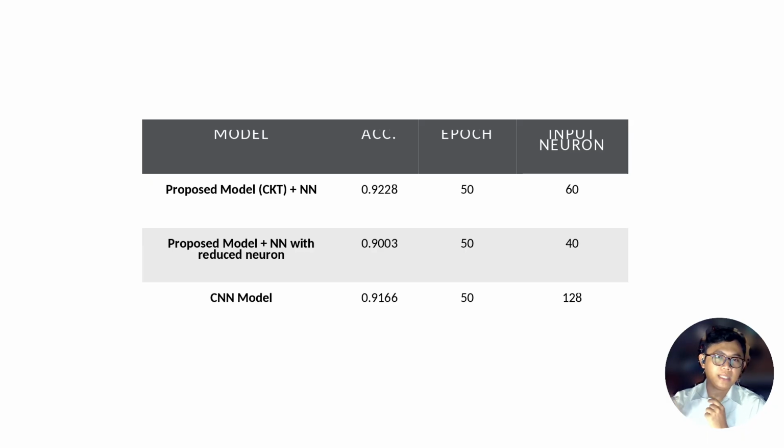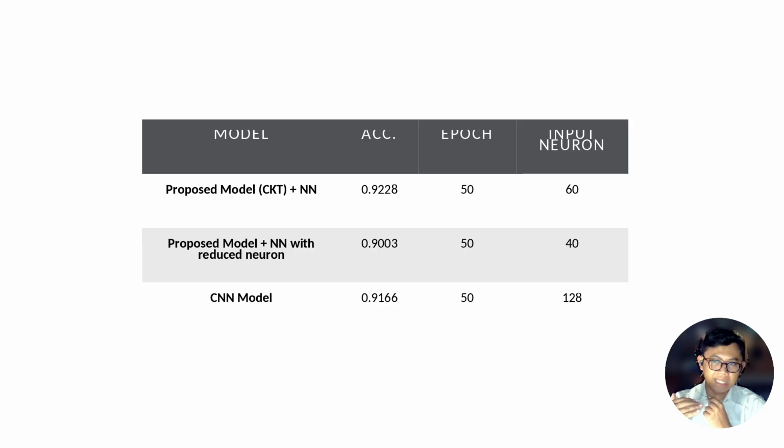Also, we compare it to another model, the CNN-only model, where we don't use key point detection as features, but use the whole image, like the common CNN process. We do the convolutional network until we get the fully connected layer. The input neurons increase from 60 or 40 to 128 input neurons.